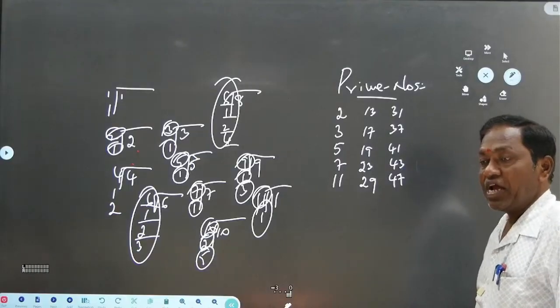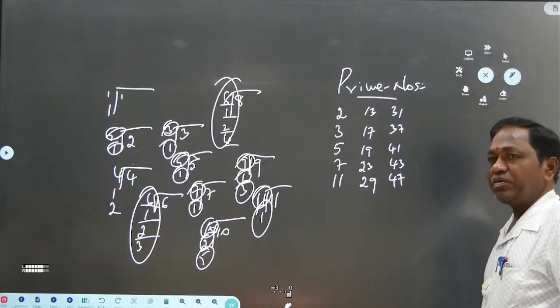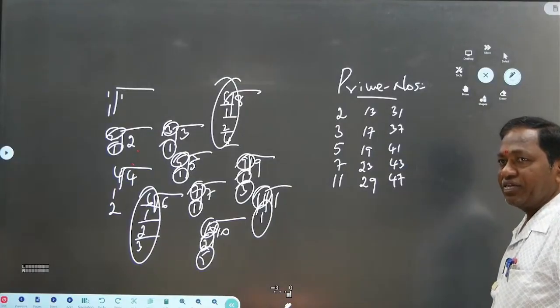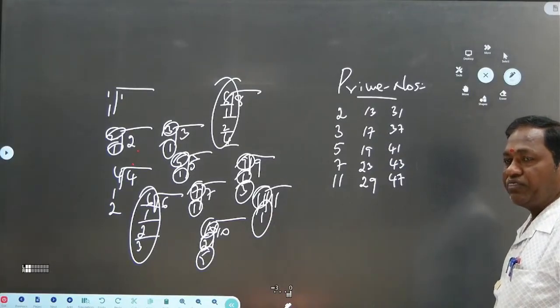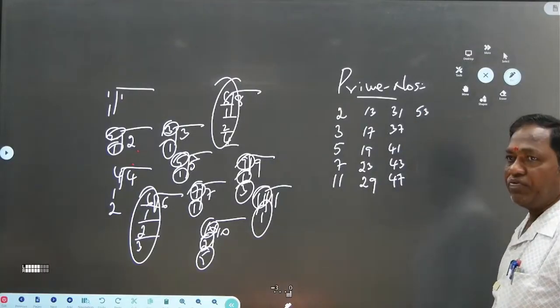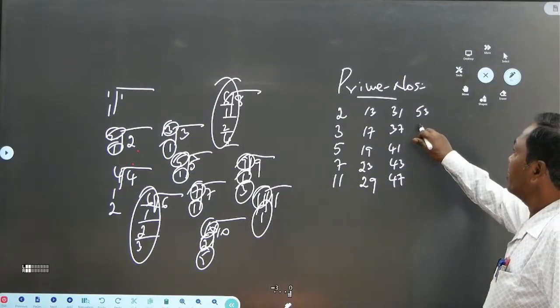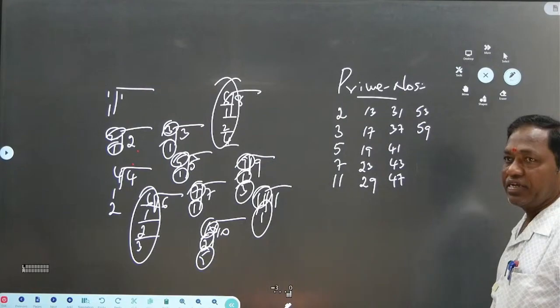Multiples of 7. And 50, no. 51 is a multiple of 3. So 52, 53, yes, 53 can be taken as a prime number. 54, 55, multiples of 5. 56, no, 57, no, 58, 59, you can take.